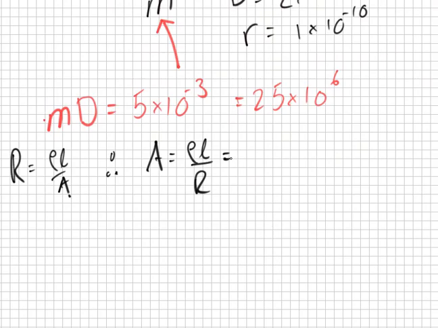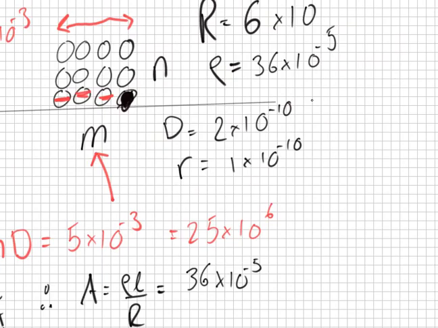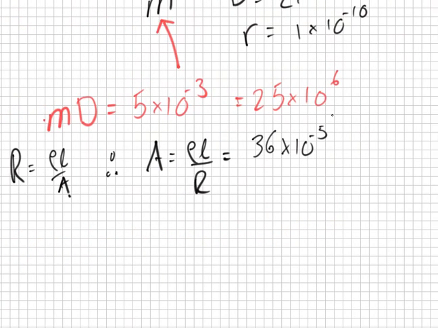Now, what was the resistivity? It's in the question. 36 times 10 to the minus 5. And what was the length of the wire? 20 centimeters. And then the resistance? 6 mega ohms.